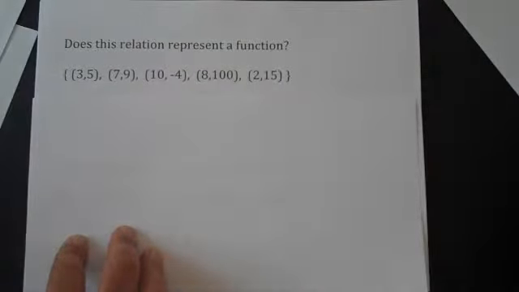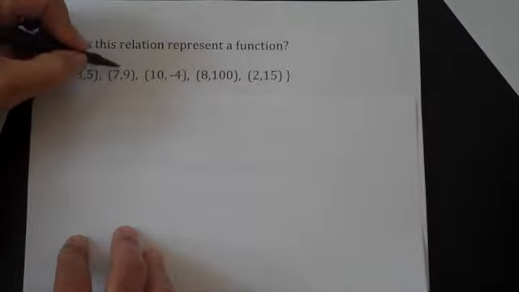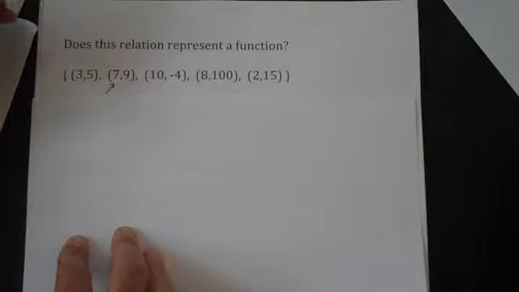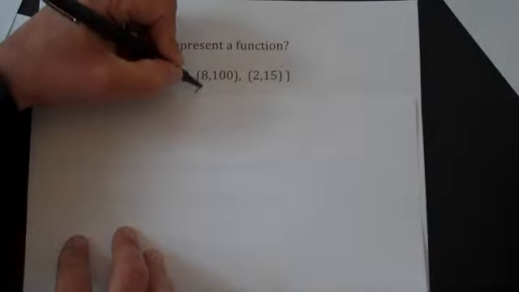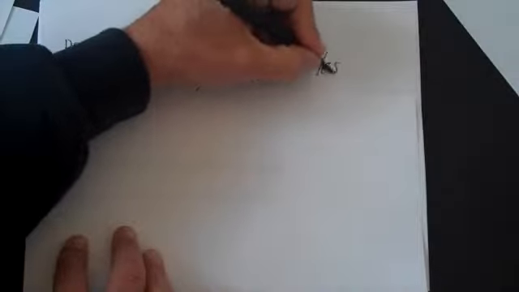And the question is, is this a function? You simply say for every value of x, is there exactly one y? So in other words, if I tell you x is 7, do you have any doubt about what y is? You don't. Y is 9. And if x is 8, then it's 100. So this would be yes, it is a function.